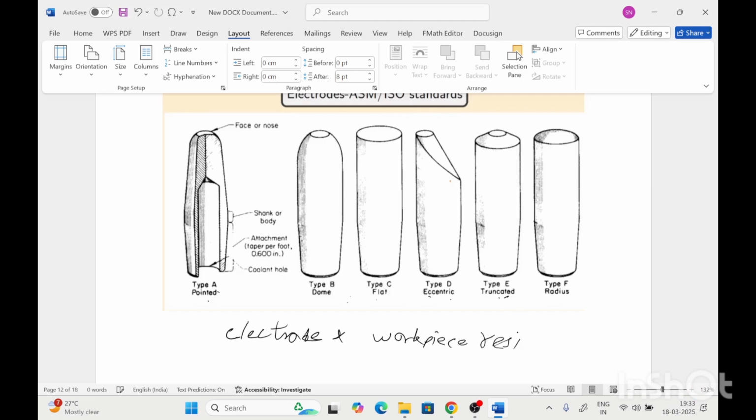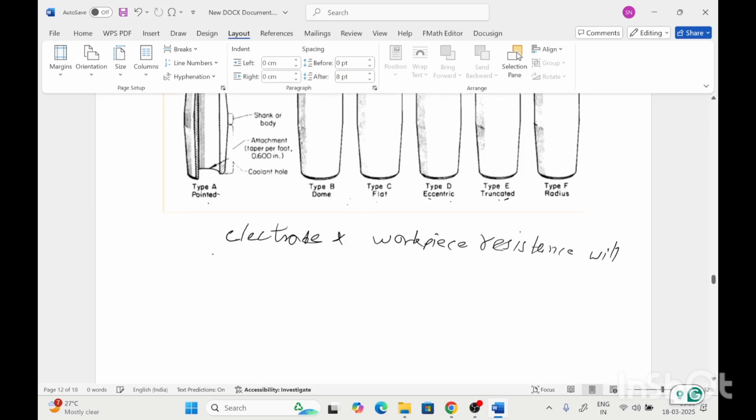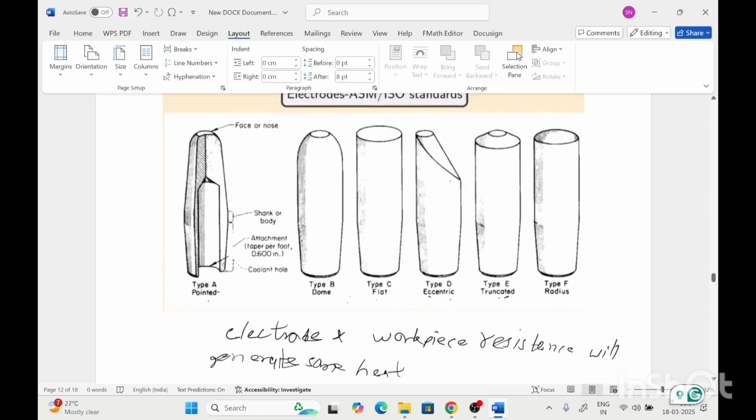Workpiece resistance will generate some heat. Because of this heat, almost all the heat is dissipated by the water cooling mechanism, but with time the electrodes also start getting flattened.